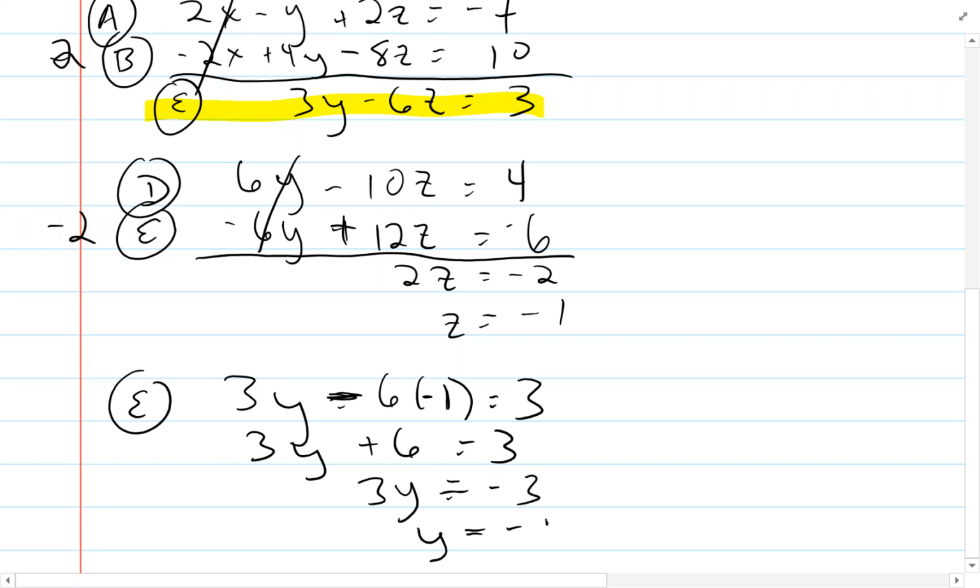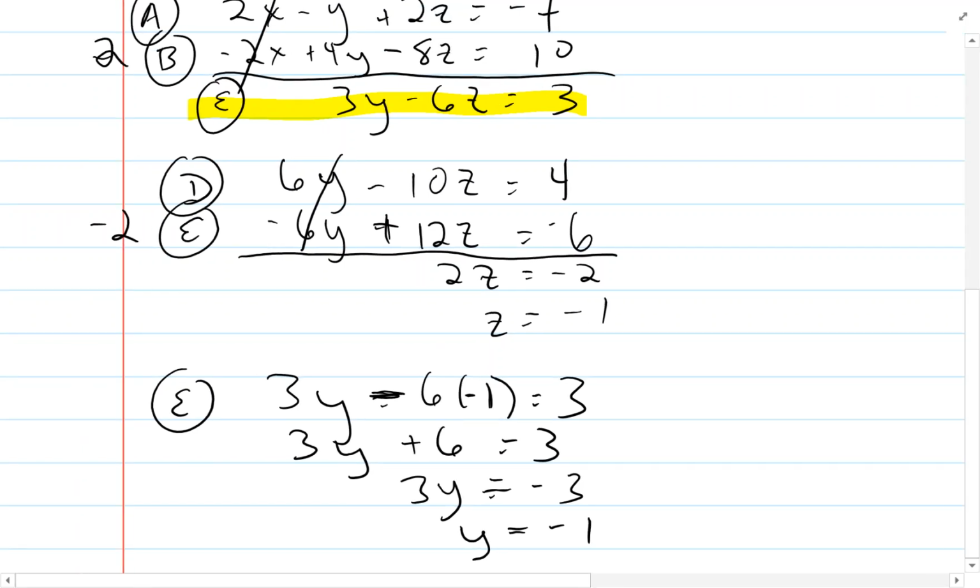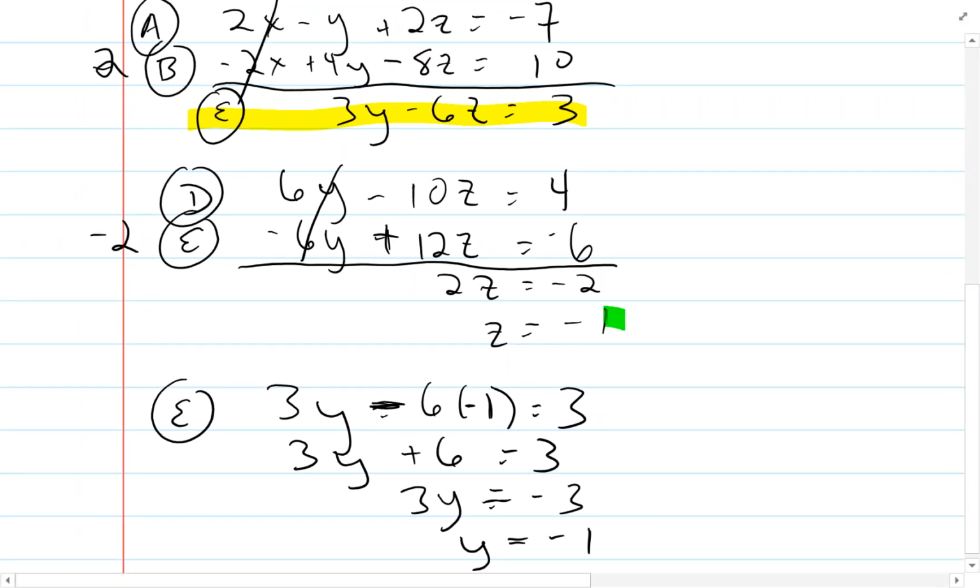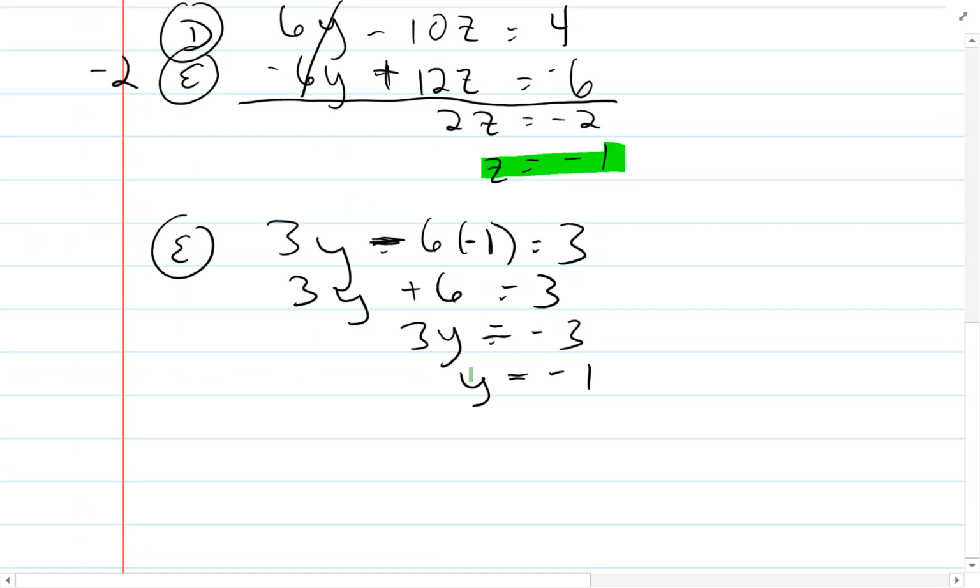Y is equal to negative 1. Okay? Again, now I look here and I've got my z, and my z is equal to -1, and my y is equal to -1.